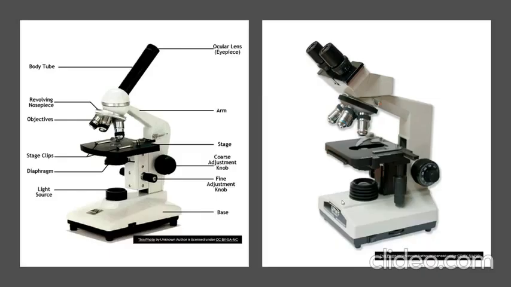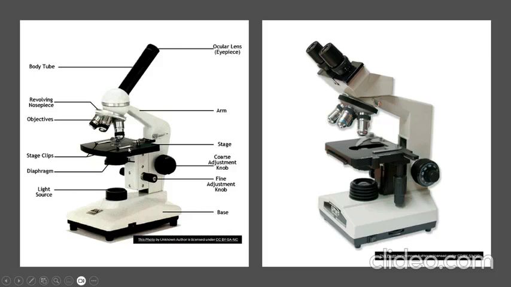Now, the structure of the microscope. The base is the bottom part that provides stability. Arm, the intermediary piece that connects all parts. Stage is the surface on which the sample is placed.